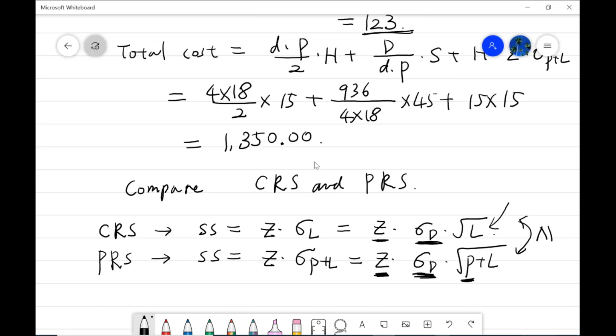Why? Even though demand is uncertain. Because under the continuous review system, you keep watching your inventory. You never lose sight of the inventory, okay? So once you find your inventory is 0, all you have to do is place an order. On the other hand, the reason why we still need safety stock in the continuous review system is only because of the lead time.